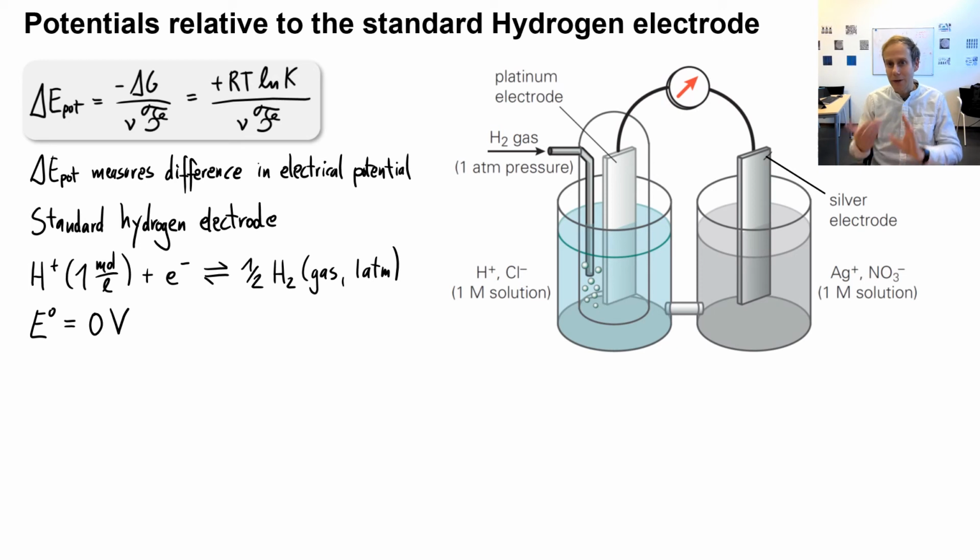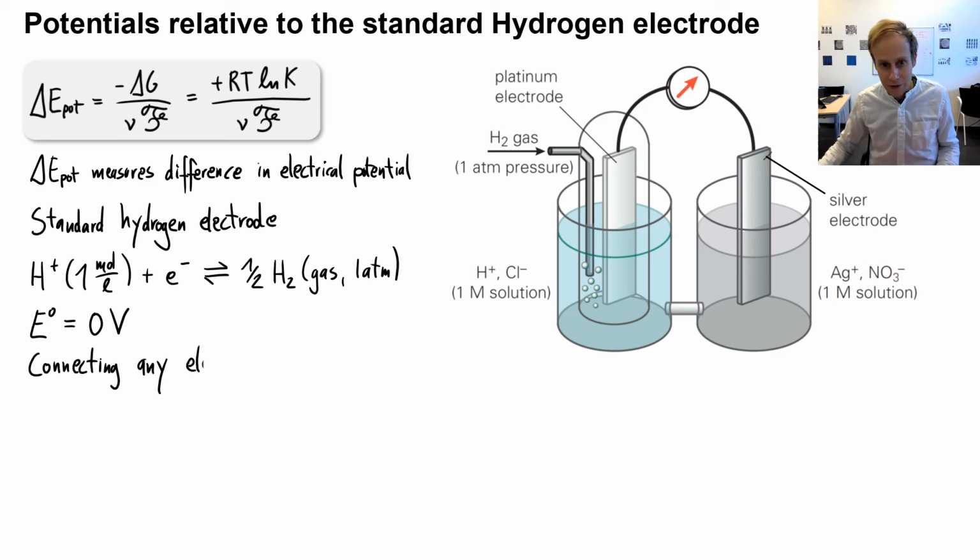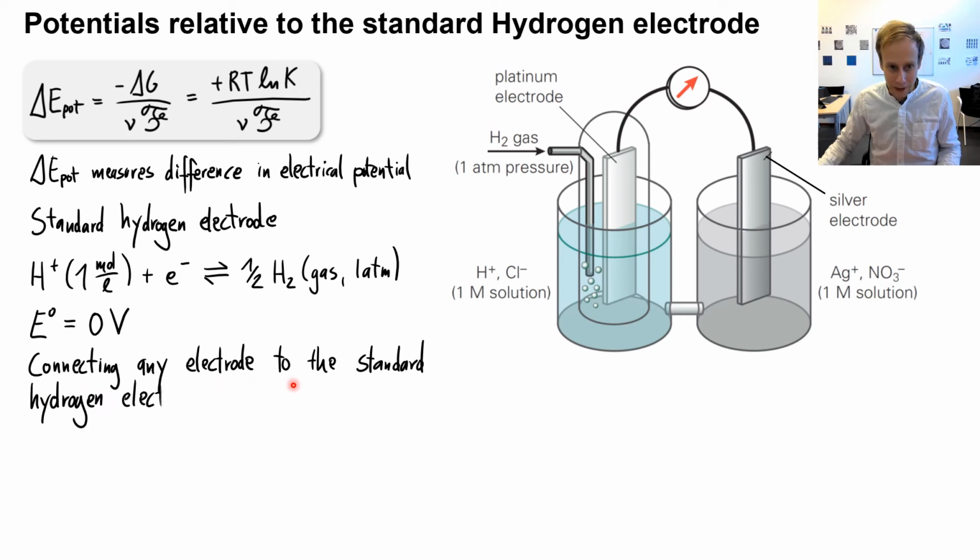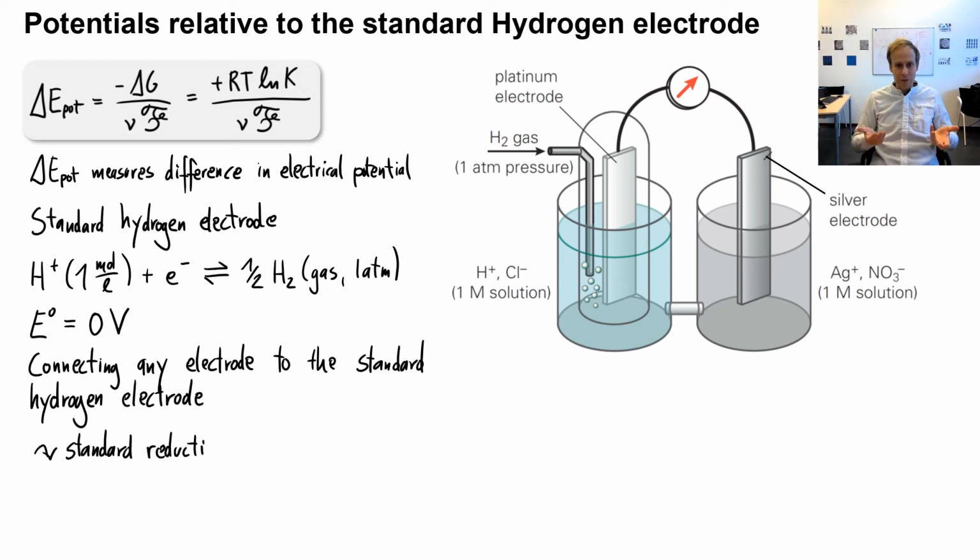So you can then connect any other electrode to this standard hydrogen electrode, for instance a silver electrode, and then measure the potential of that silver electrode with respect to the hydrogen electrode. And that gives you the standard reduction potential, E standard.